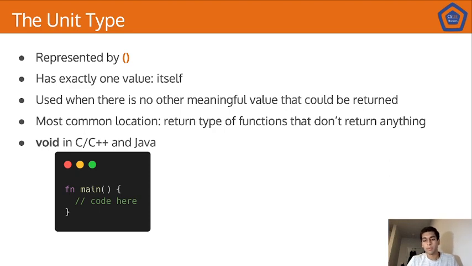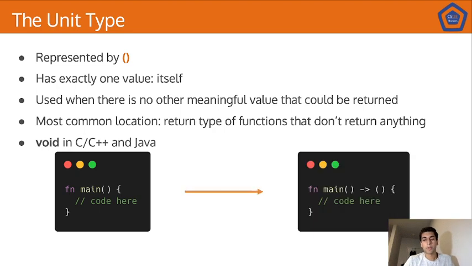But this is actually the same as returning the unit type. Rust will accept both versions. Or in any other function when you're not returning anything, you can either leave the return type blank or say that you're going to return the unit type. Just to sneak peek ahead into functions, this is how you declare the return type of a function. More on that in a future lecture, though.